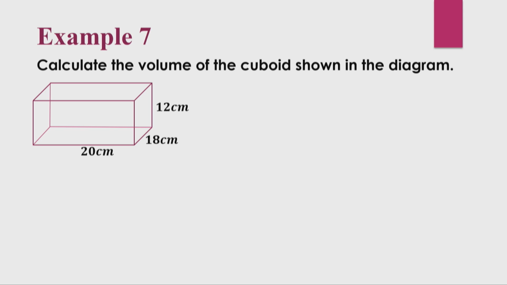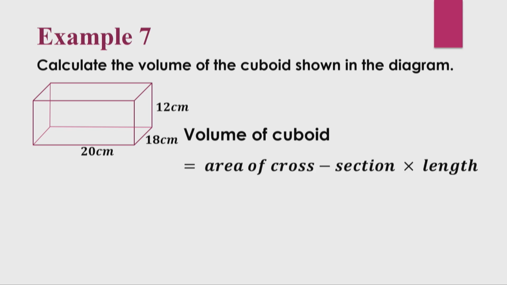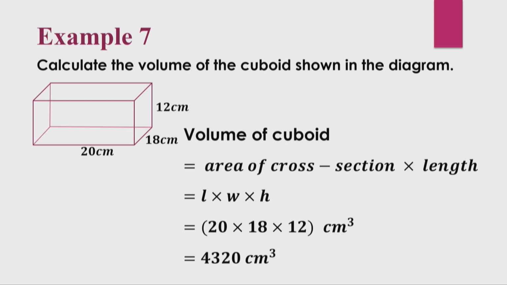Calculate the volume of a cuboid shown in the diagram. Volume of cuboid is equal to area of cross-section multiplied by length, which is equal to length multiplied by width multiplied by height. Evaluating this, 20 multiplied by 18 multiplied by 12, we get 4,320 centimeter cube.